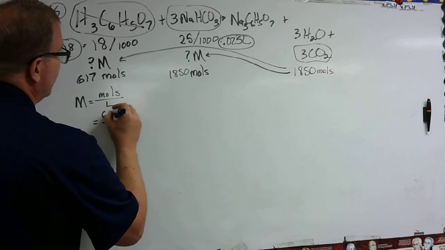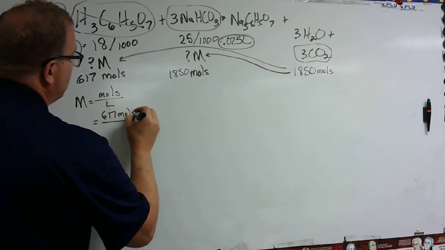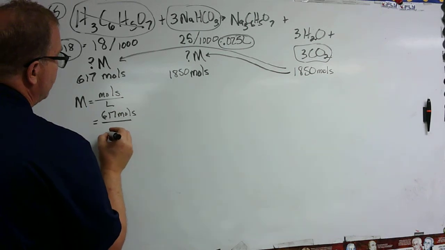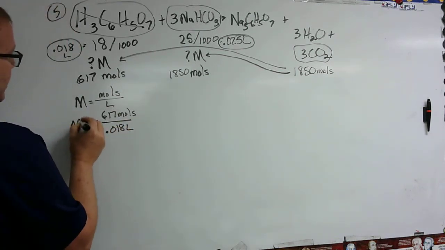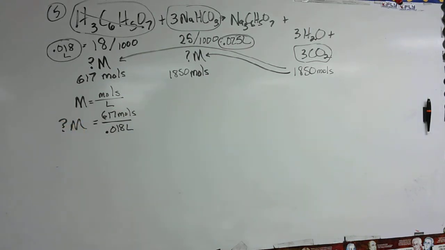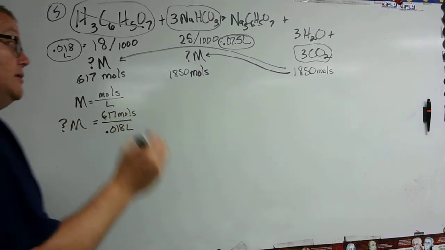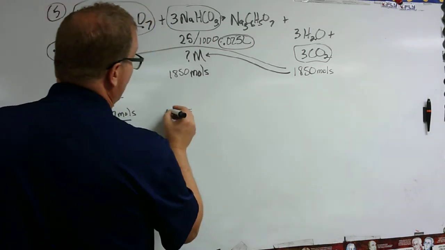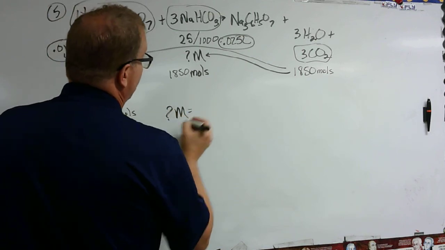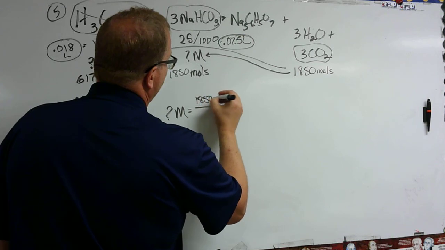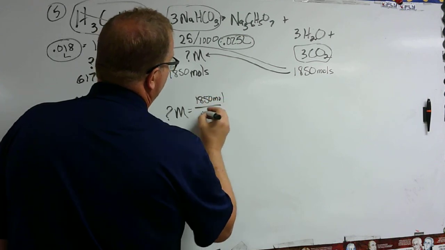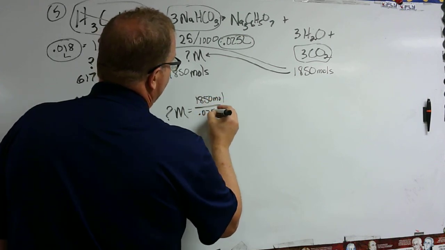So I got 617 moles divided by 0.018 liters. And by the way, molarities will never be that high, but we just go ahead and go according to what our things say. And then this one's 1,850 moles divided by 0.025 liters.